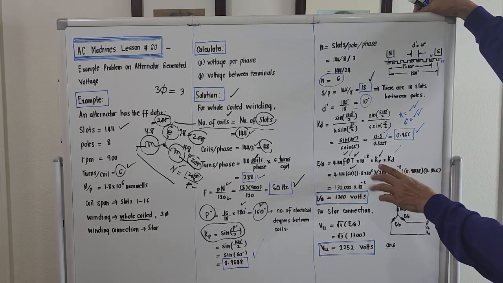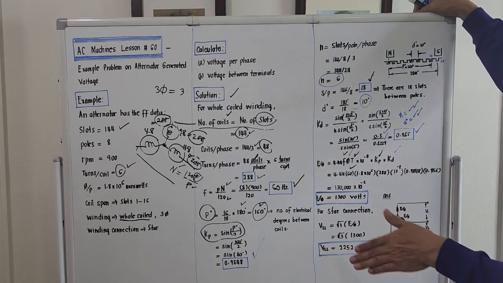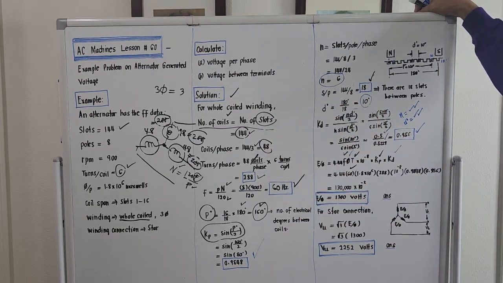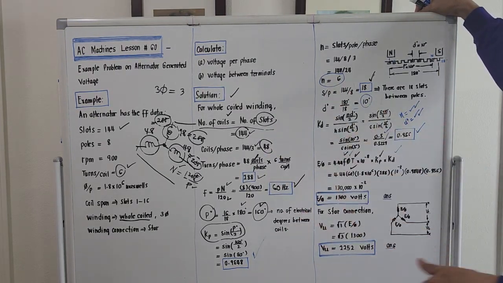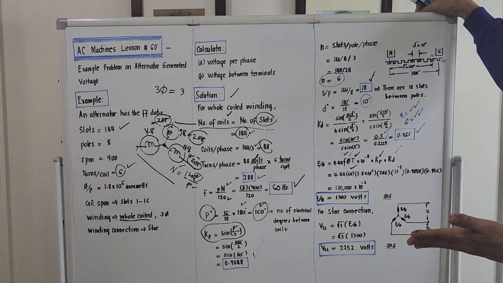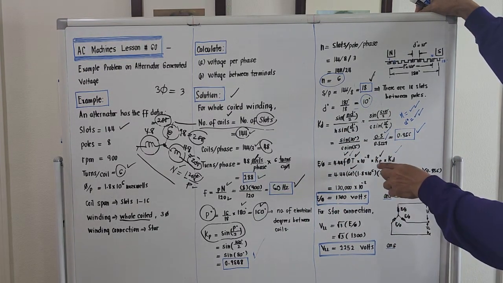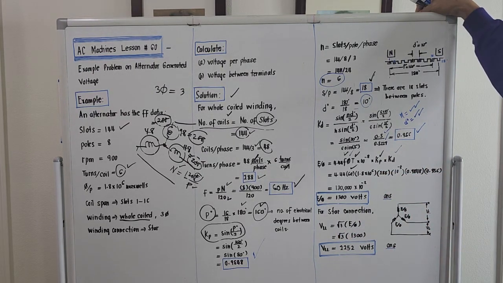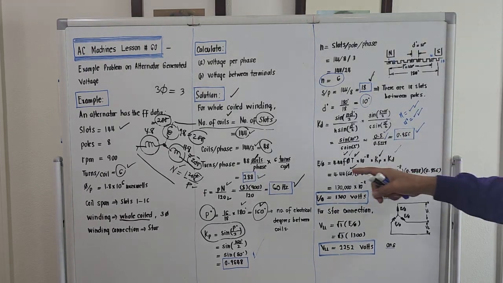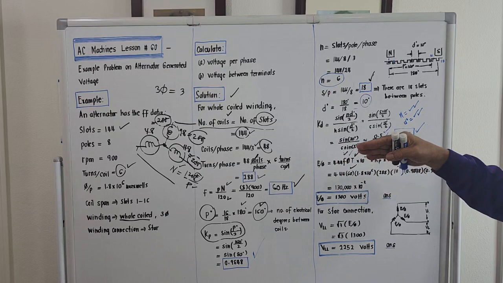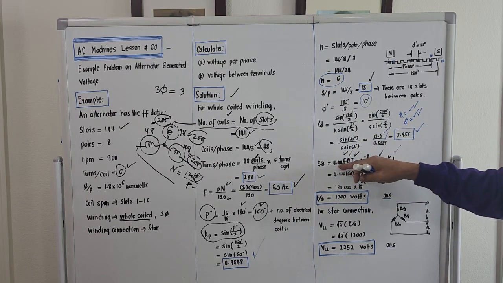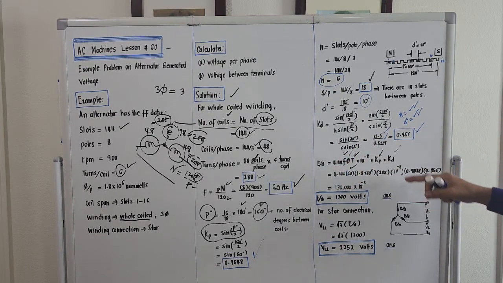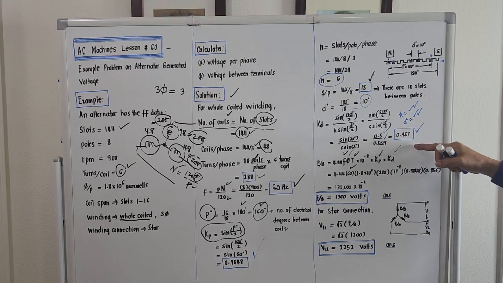These values K sub P and K sub T are almost very near unity, 0.95, 0.94, 0.93, but there is no such thing as K sub P and K sub T being equal to 1. In reality, the resulting induced voltage per phase should be a lesser value than this theoretical value here. It should be multiplied by K sub P and K sub T.